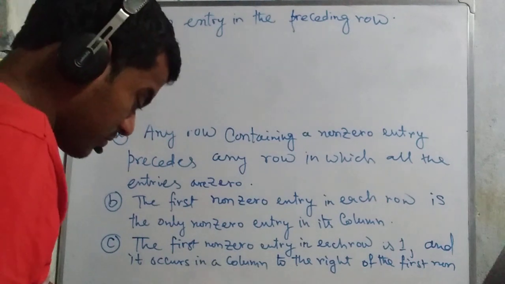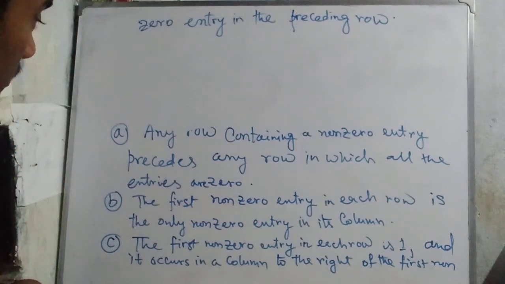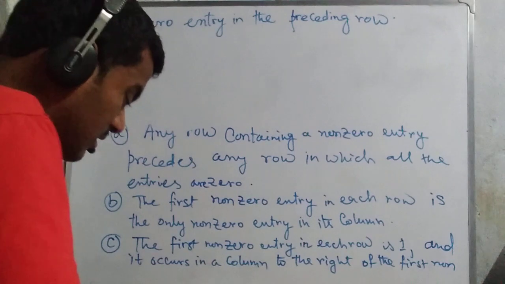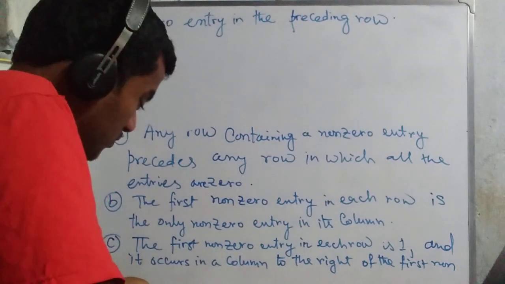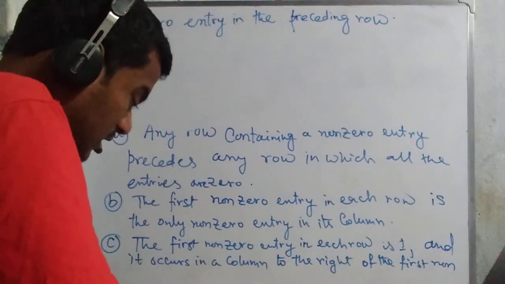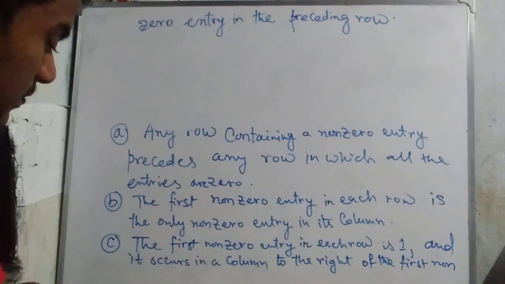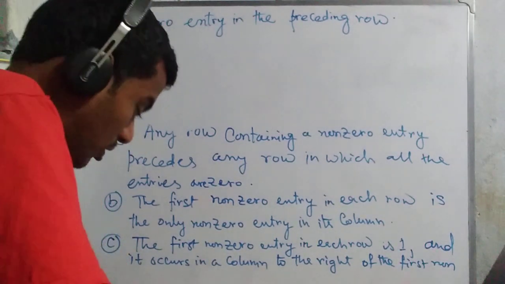Okay, that means this is the reduced row echelon form.